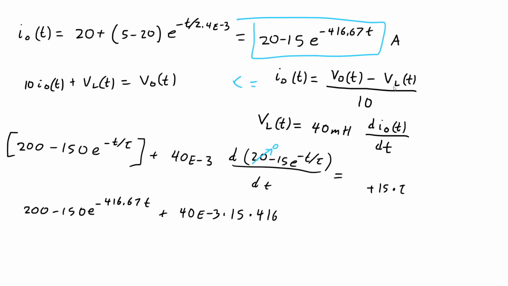Oh wait, tau is... oh no, it's going to be 1 over tau. Tau isn't it? Yeah. So 1 over tau. So that means that, let's see.